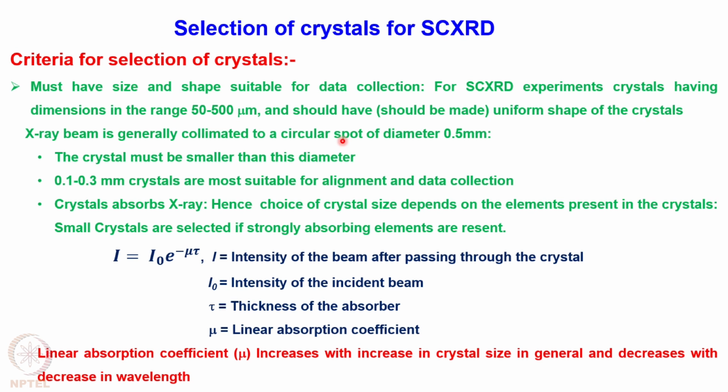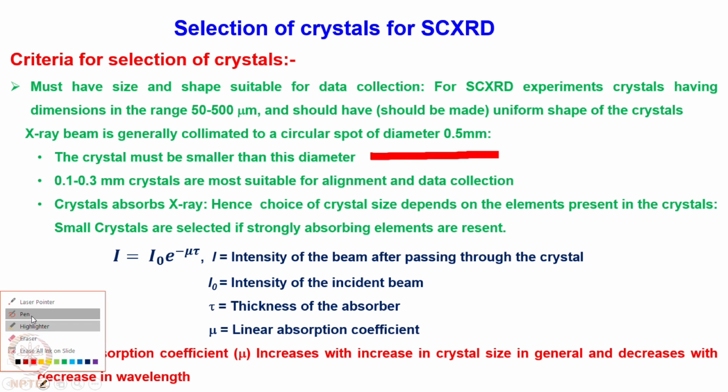So, if the X-ray beam is 0.5 millimeter, the crystal that we choose must be smaller than the beam, so that the entire crystal is immersed in the beam.